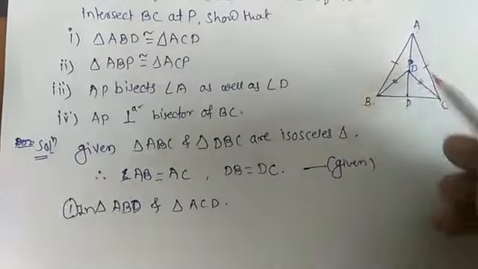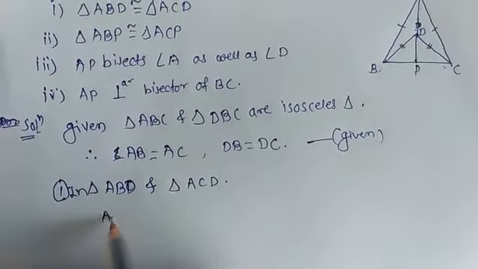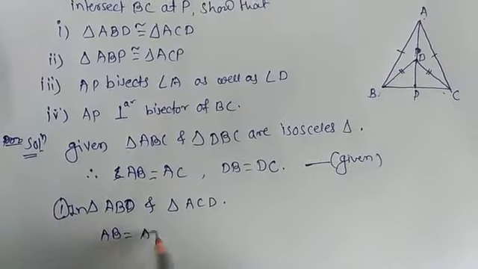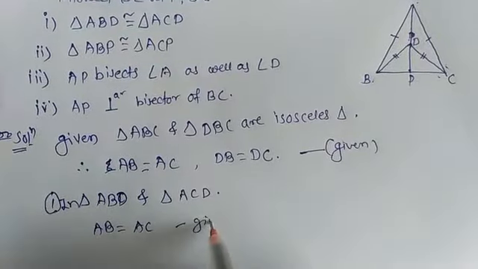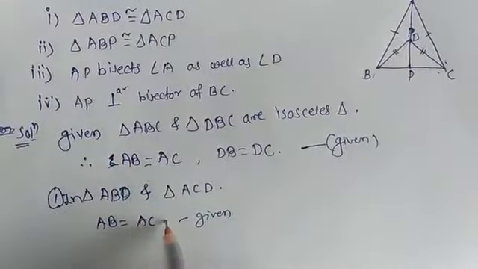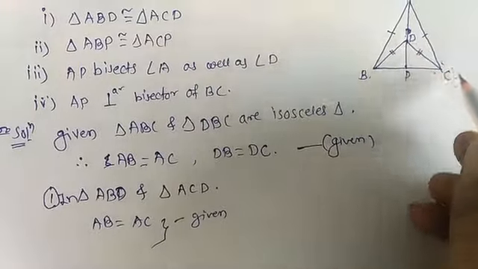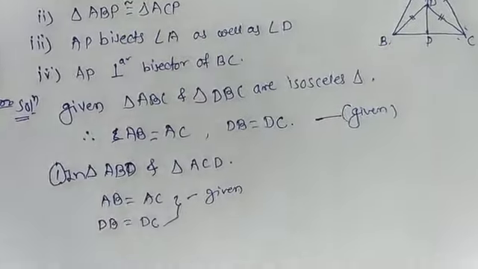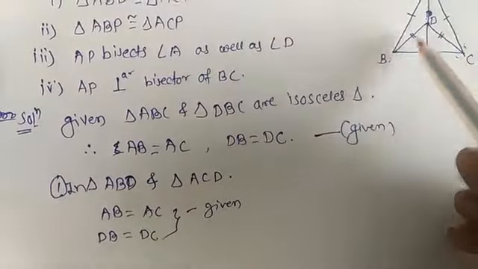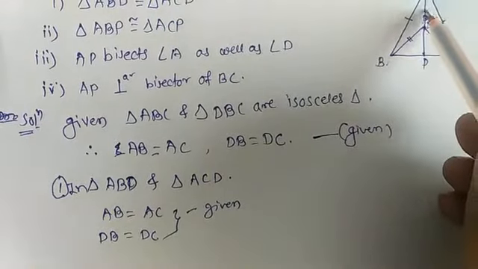Now in both triangles, AB is equal to AC, which is given. Next, it is also given that DB is equal to DC. And in triangles ABD and ACD, this side is common.